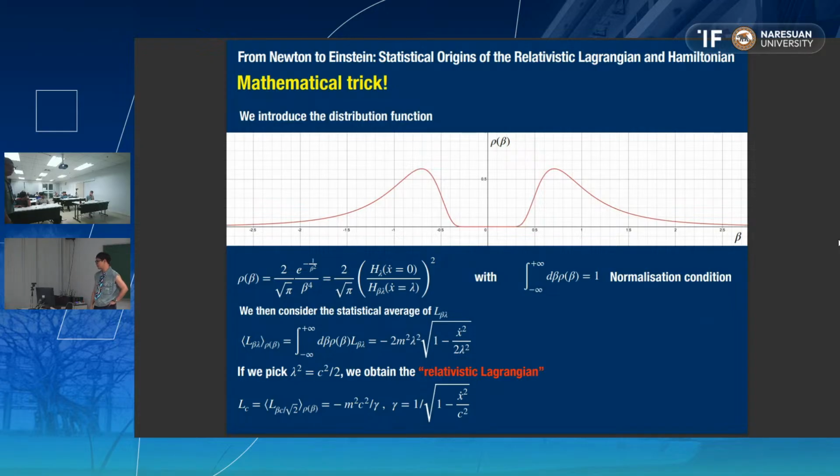That is the whole point. There is no constraint or condition that your lambda has to be c squared over 2. This is the way that we pick. If we pick it this way, we get the relativistic version of the Lagrangian. But if you leave it this way, you will get what is here.